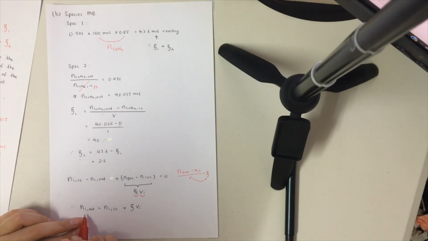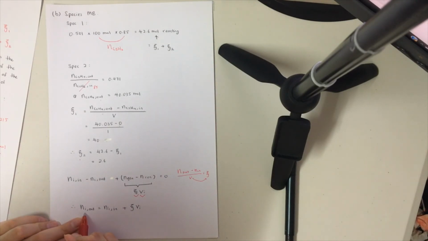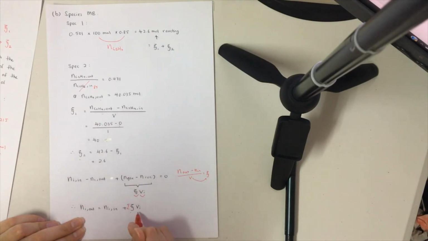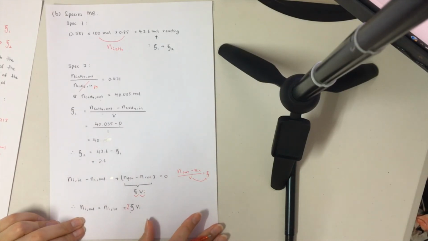So we can simplify it further. The number of moles of that species coming out is equal to the number of moles of that species going in plus the sum of the extent of reaction multiplied by its stoichiometric ratio for each species.